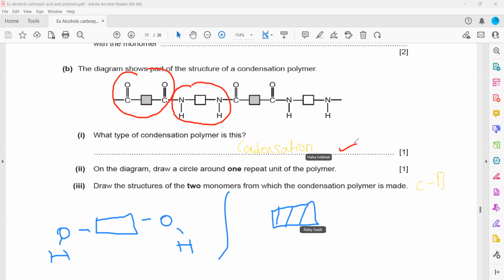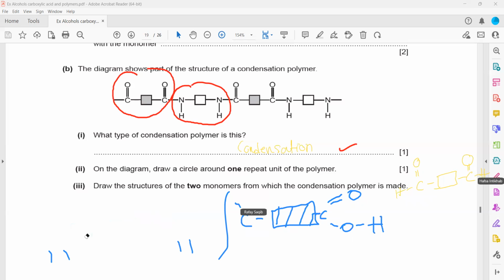So this is condensation. Now, whenever you want to draw the monomer for this, it should not be a diol, it's a dicarboxylic acid and a diamine. Draw the monomer from which this condensation polymer is made. The shaded one is a dicarboxylic acid. That's right. But don't forget to shade this region.